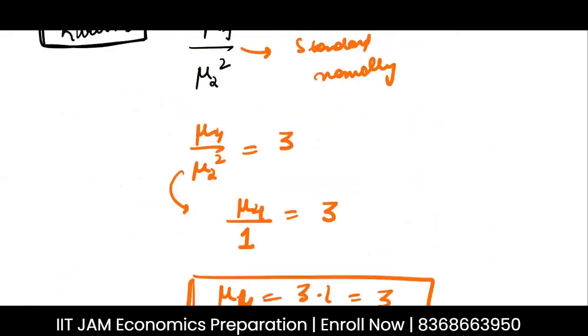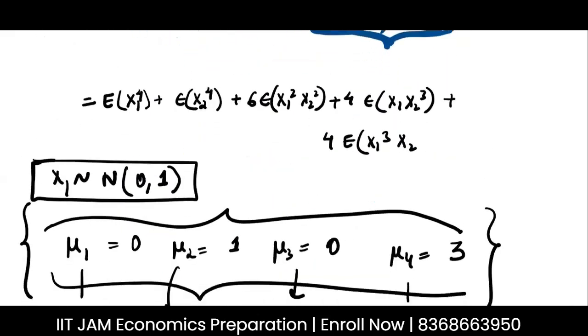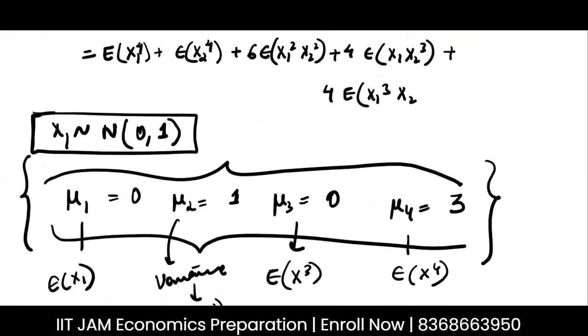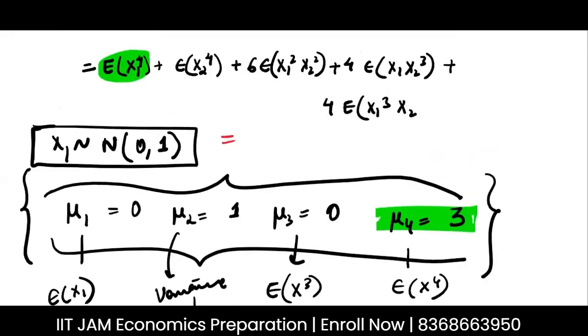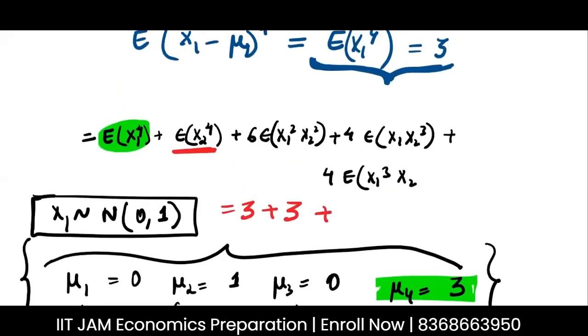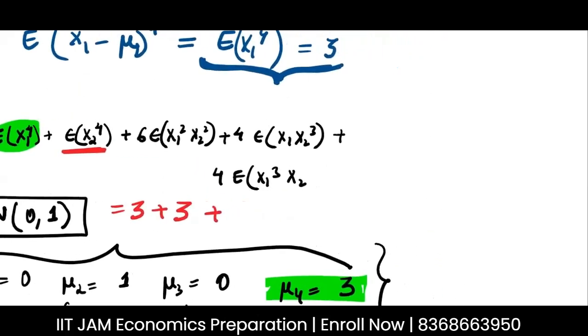No need for this entire proof. You should remember these properties well. So now, because x1 is standard normally distributed, E of x1 to the power 4 is 3. So I get 3 here, plus E of x2 to the power 4, which is also 3. Plus, x1 and x2 are independent variables, right?